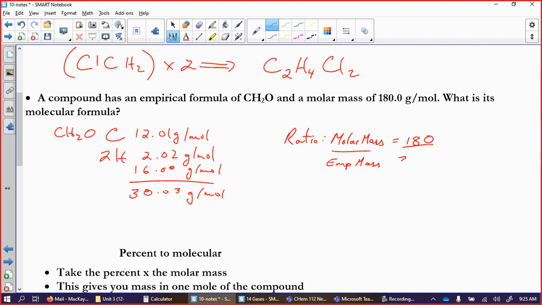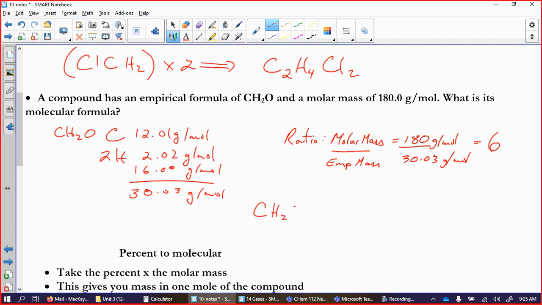180 divided by 30.0. That's going to give you a ratio without calculating. 18 divided by 3 is 6. It's a ratio, so we just want our closest whole number.